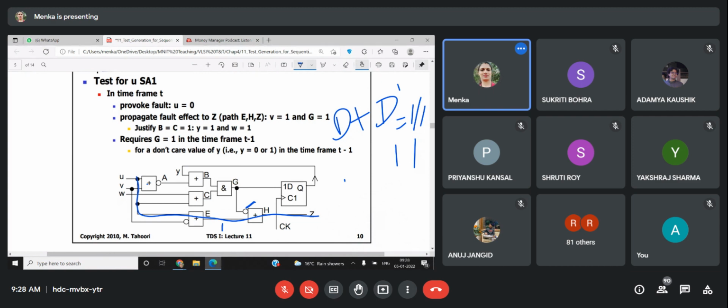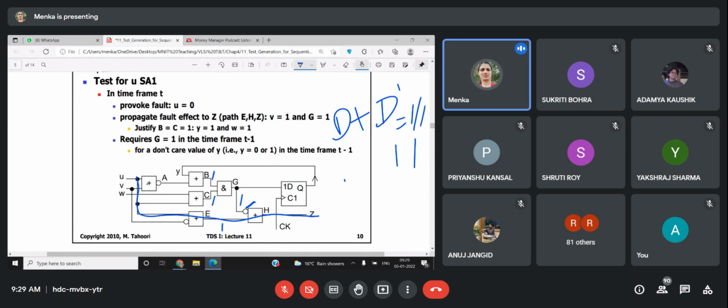This is the path. So if you want to propagate it through this, your target is to bring it to 1 so that it can nullify the effect and a non-controlling value can appear at H, right? What is your target for G? You have to bring G to 1. So if g is expected to be 1, it means this is also 1, this is also 1, right?